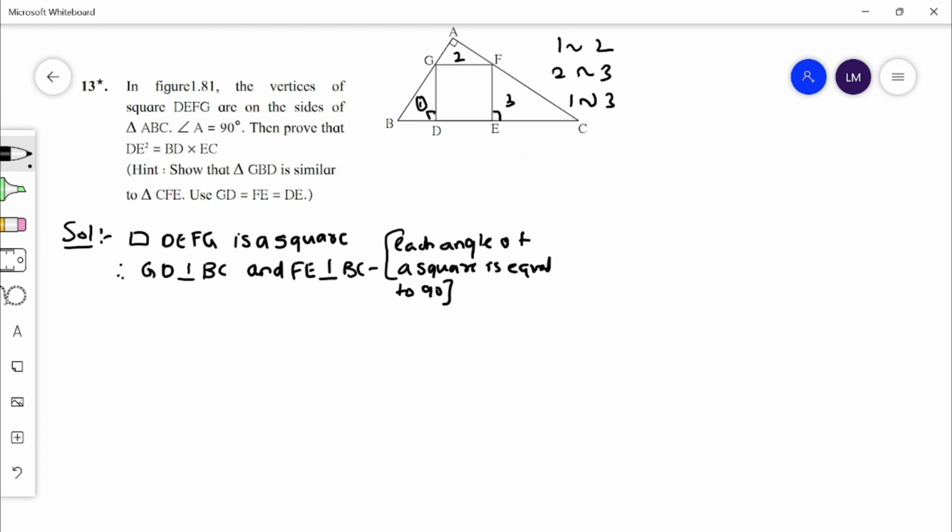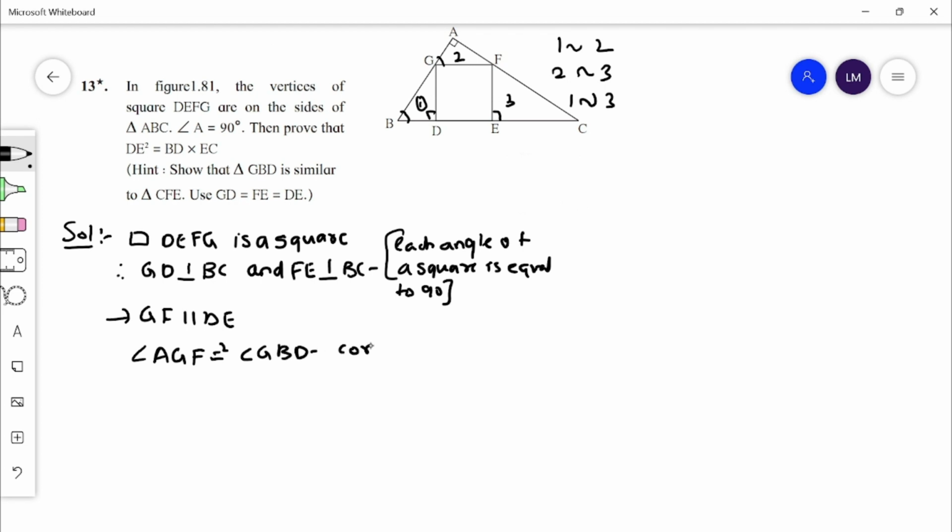Also one more thing: GF is parallel to DE, right? So therefore we can take corresponding angles, right? Corresponding angles will take these two angles. So angle AGF is congruent to angle GBD.